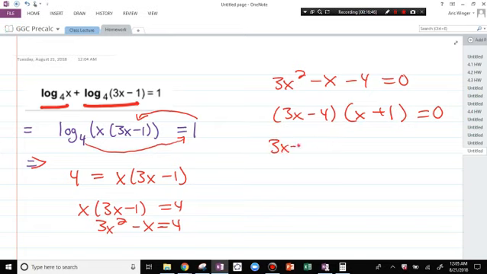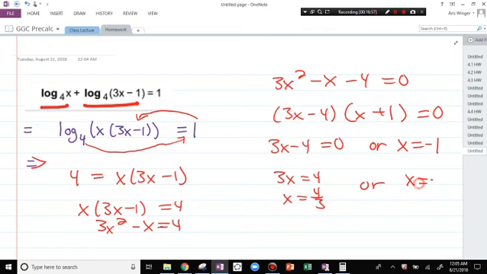This means that 3x minus 4 is equal to 0, or it means that x is equal to negative 1. So solving for x, 3x is equal to 4, x is equal to 4 over 3, or x is equal to negative 1. And now we'll put this in green, that this is a place where we need to check. The reason is that when we brought these together, this introduces an incorrect answer.